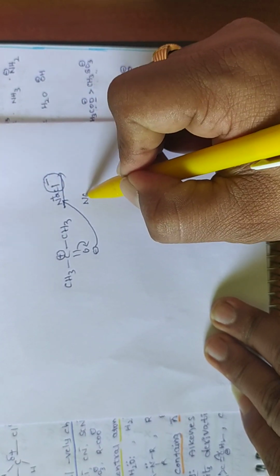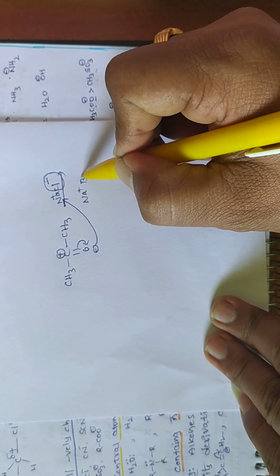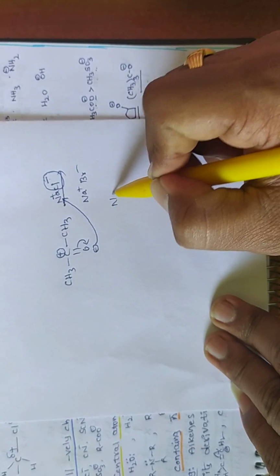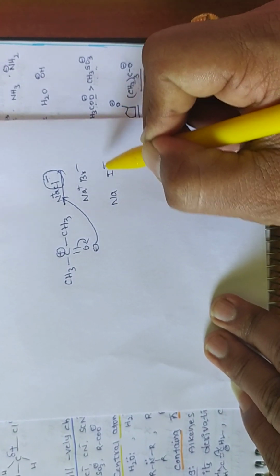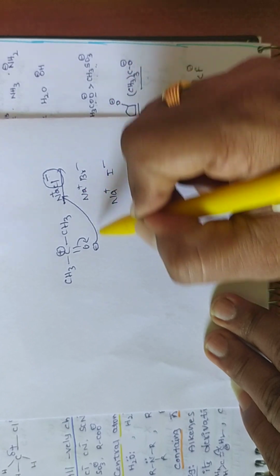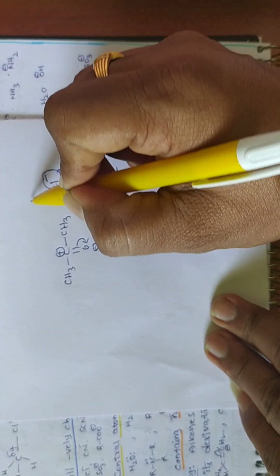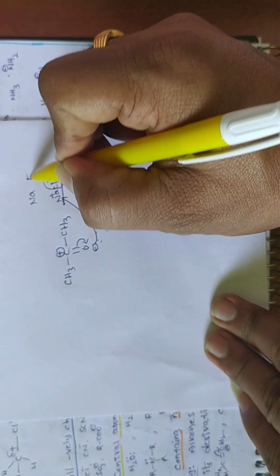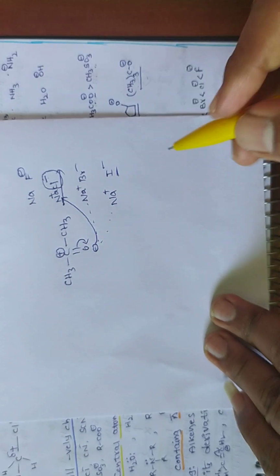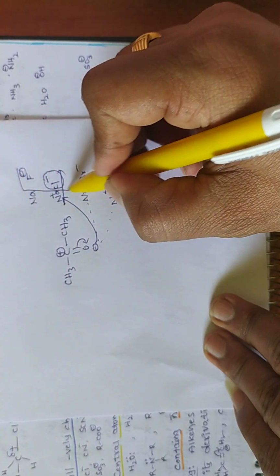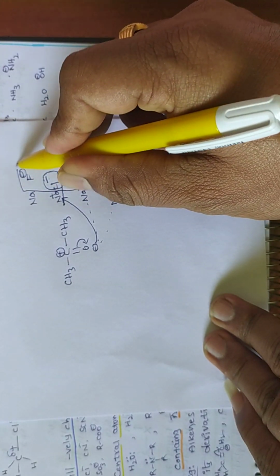This oxygen can interact only with the cations. It cannot react with anions. So the anions are free ions.